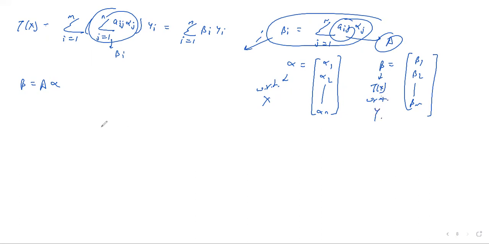Okay, so what we are doing here is that I have a matrix A of the transformation T with respect to bases x and y.